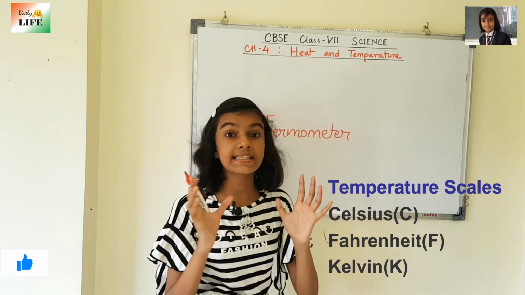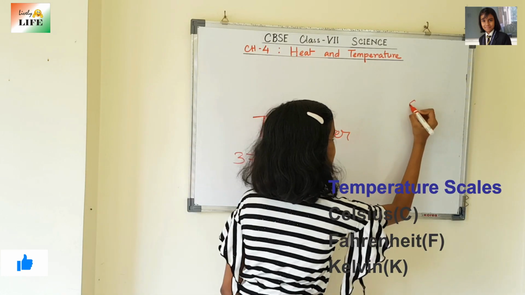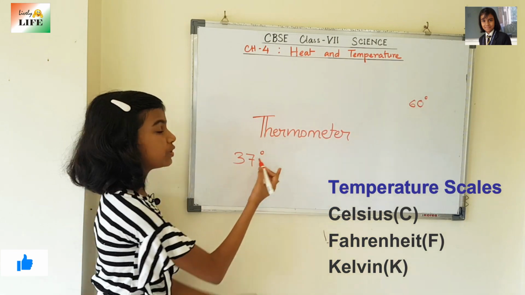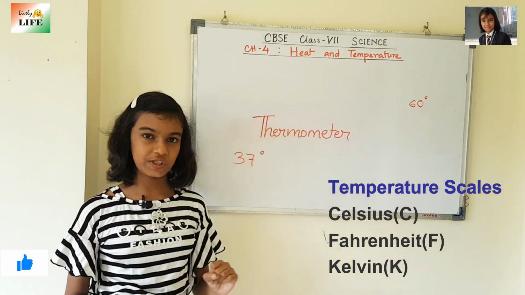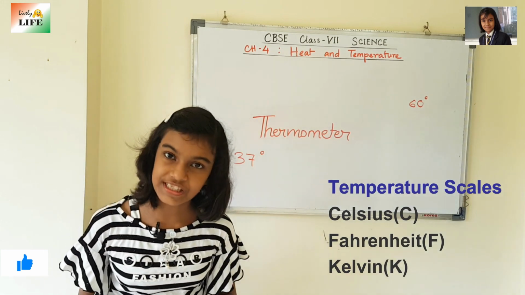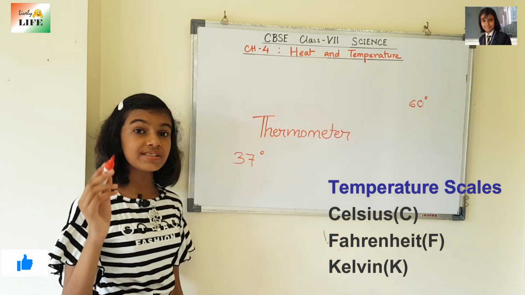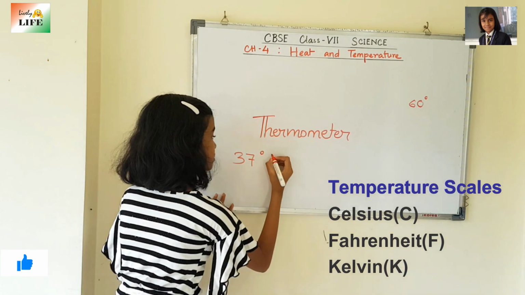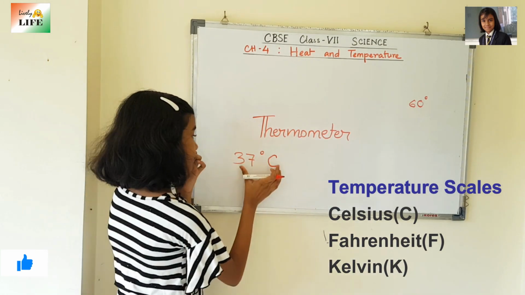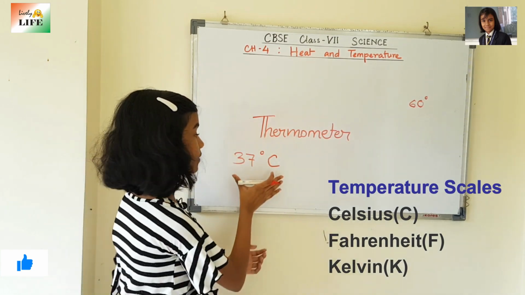Suppose an angle is 60 degree, we write 60 and then put a degree over here. Same degree we put when we measure the temperature. That is 37 degree, and then we write the scale we are measuring in. We are measuring in Celsius, and the Celsius symbol is C. So we put C.